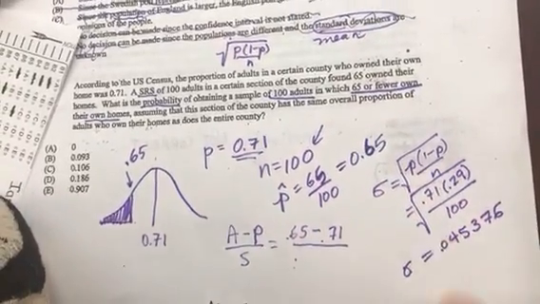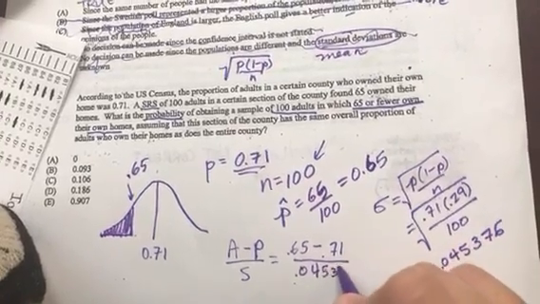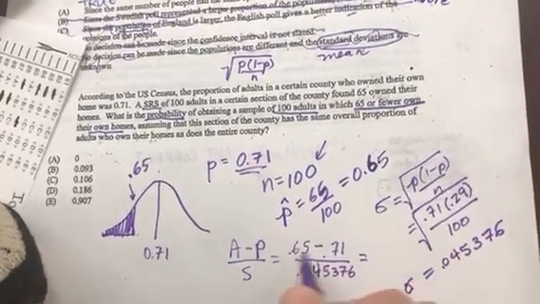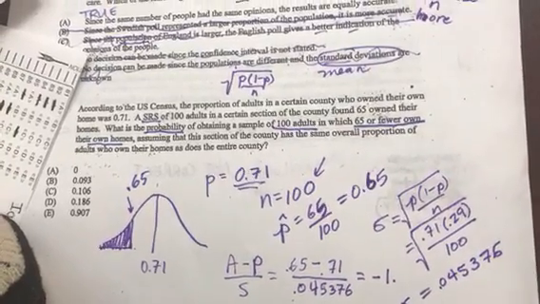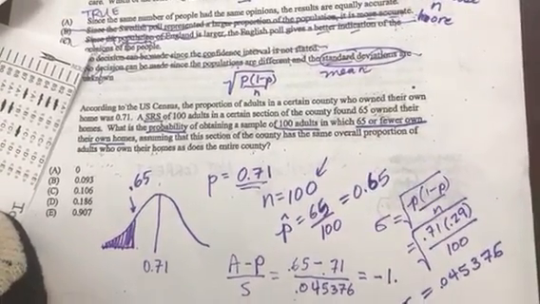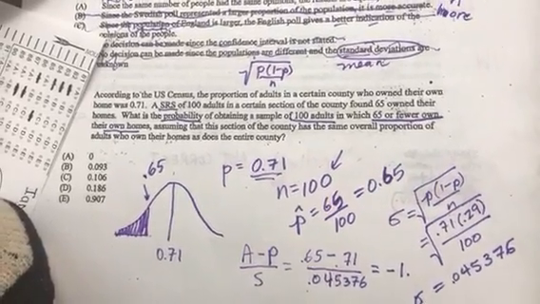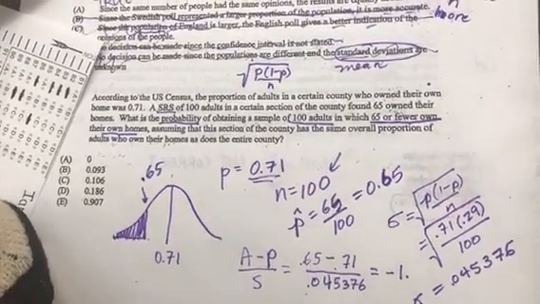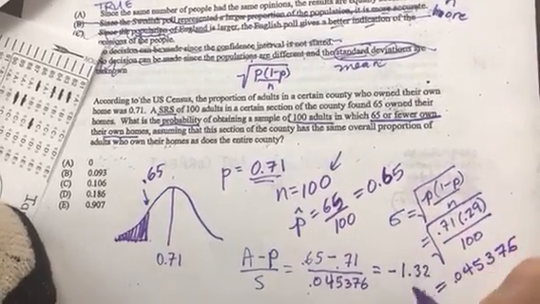If I plug this in, I get a z-score of negative 1.32.